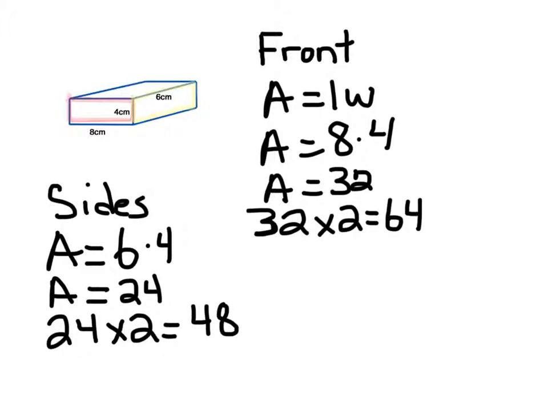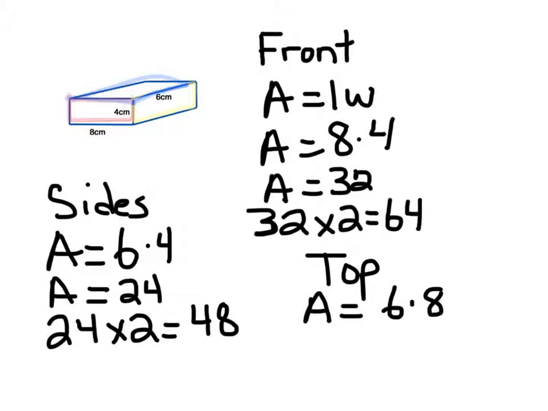Finally, I'm going to find the area of the top and the bottom. And the top up here, highlighted in blue, the dimensions of the top and bottom, okay, area is 6 times 8, which is 48.